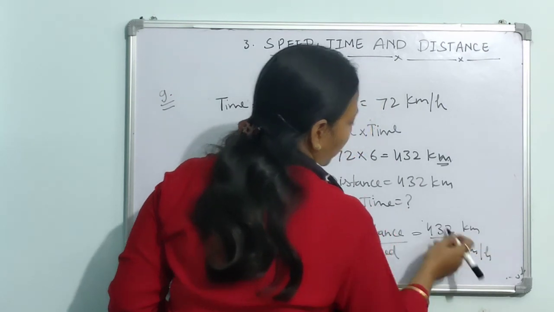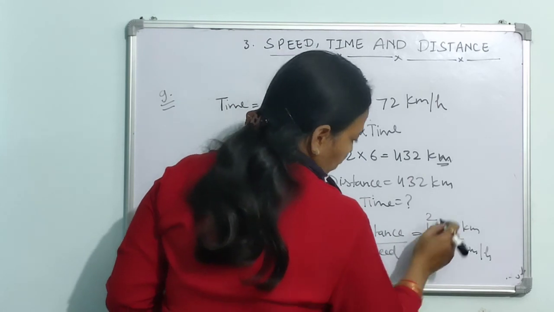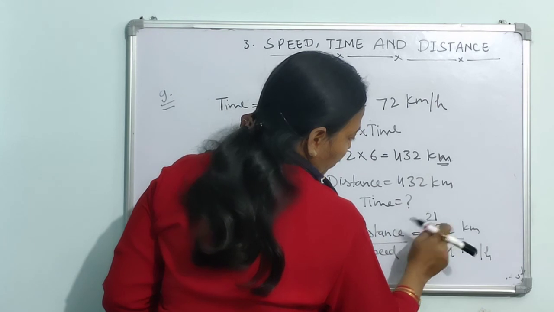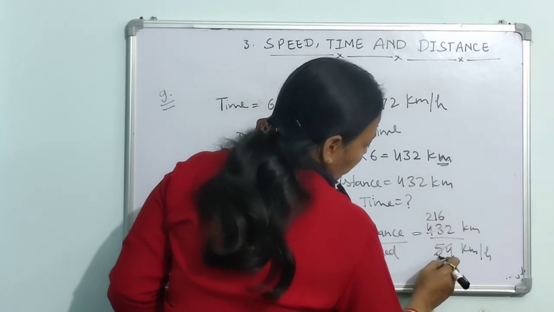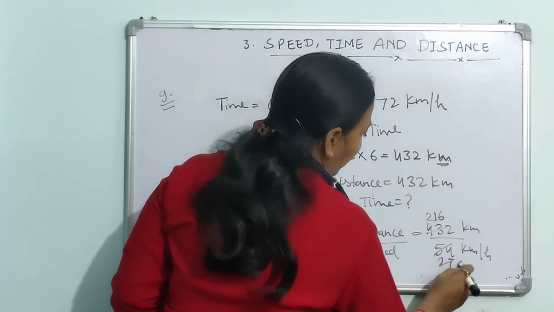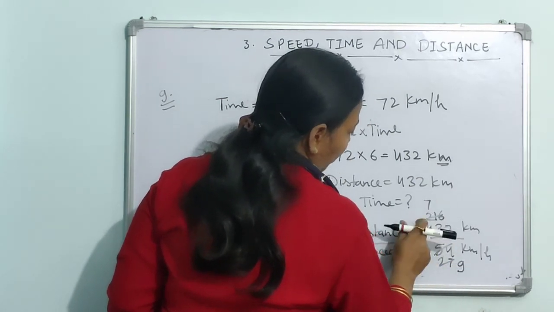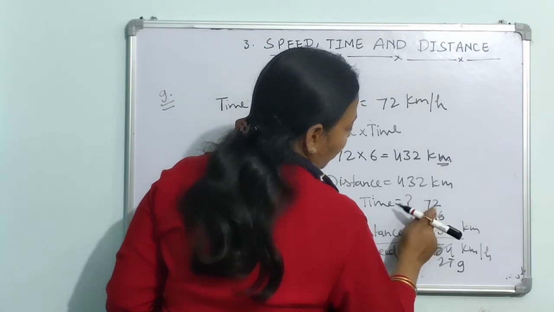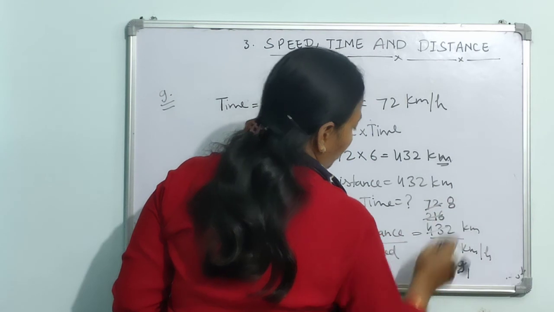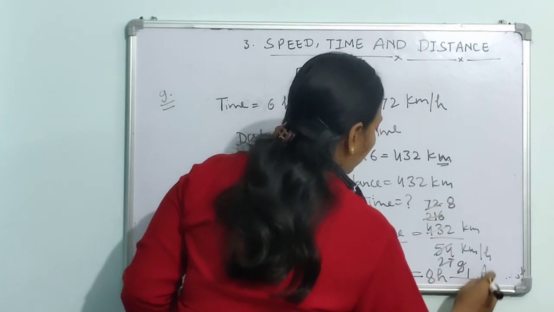Here you can cancel with 2 first: 2 twos are 4, 2 ones are 2, 2 sixes are 12. Then with 3 both are divisible: 3 nines are 27 and 3 twos are 6... giving 72 by 9. 9 eights are 72. So the answer is 8 hours. This is your answer.